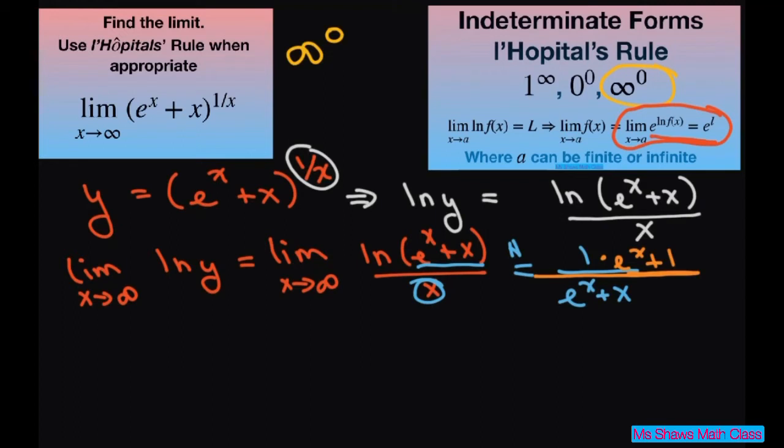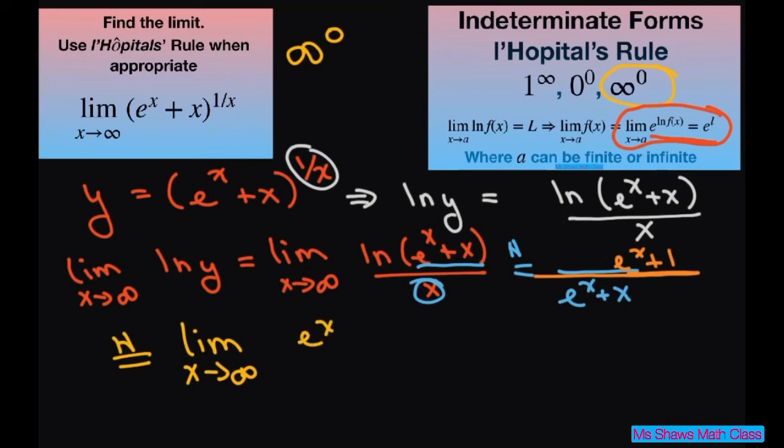Since we have this e to the x, let's apply L'Hopital's rule again. And you do the limit as x approaches infinity. So I'm going to erase this one here. All right. When you take the derivative of the numerator, you're just going to get e to the x.